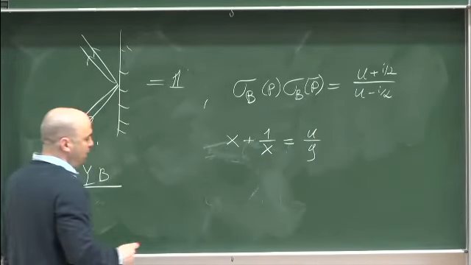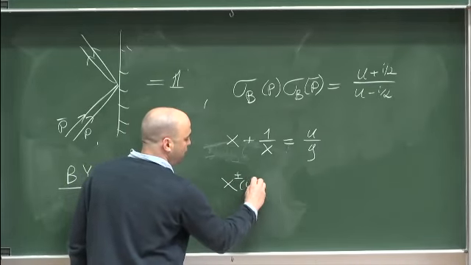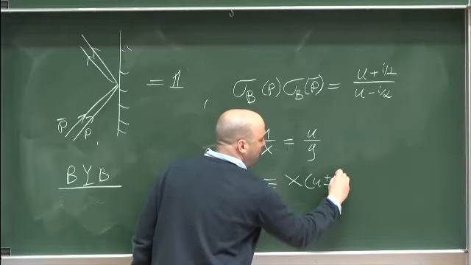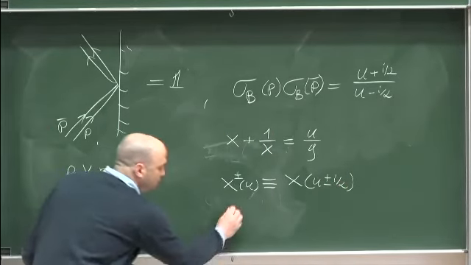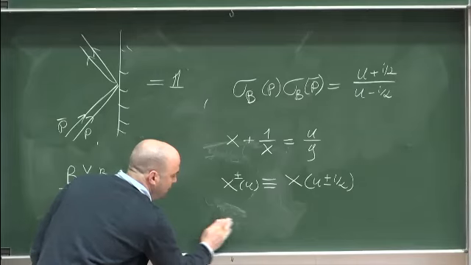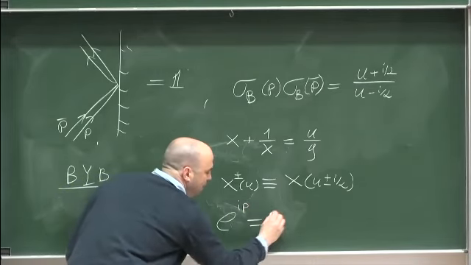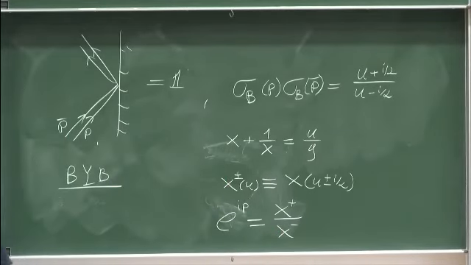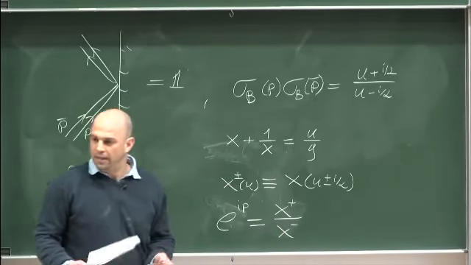And what I'll use in a second, I'll call x plus or minus of u. This is defined to be x at u plus or minus i over 2. And the momentum that we had before is related to x or to u in the following way: e to the i p is just equal to x plus over x minus. So this is the relation between p and u or x at any value of the coupling.